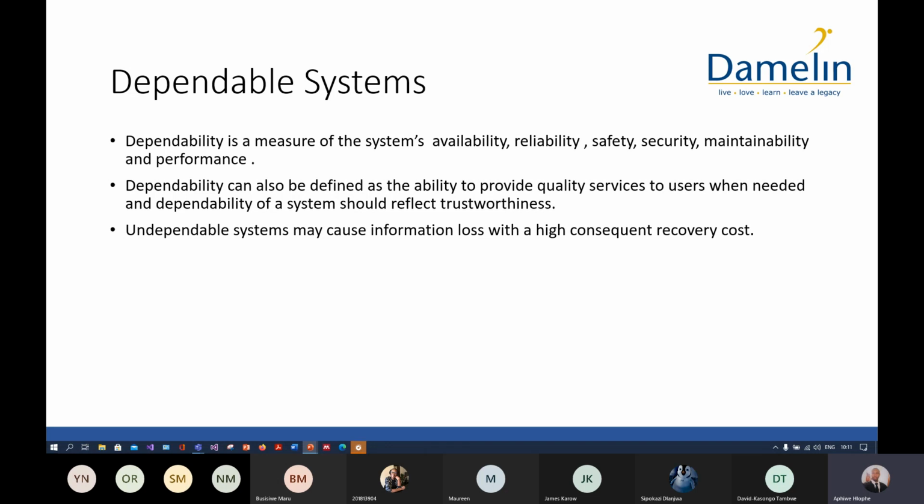It doesn't really matter how the system actually looks to some extent, but the most important attributes are those mentioned: availability, reliability, safety, and so forth. So undependable systems may cause information loss with a high consequence recovery cost. Your system may look good, but if these non-functional requirements are not met, then it could result in information loss, which is very expensive to recover from.